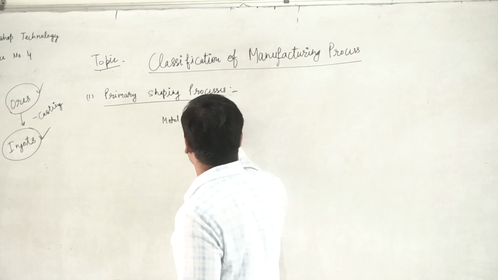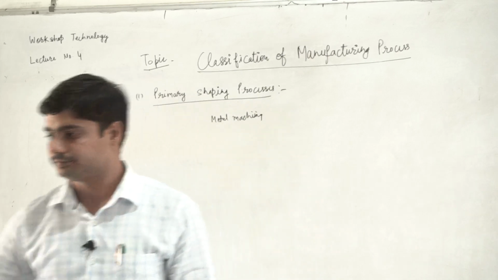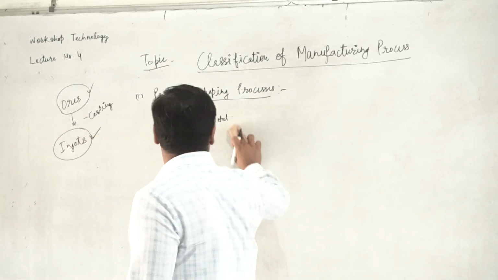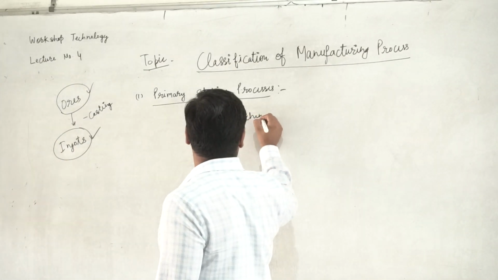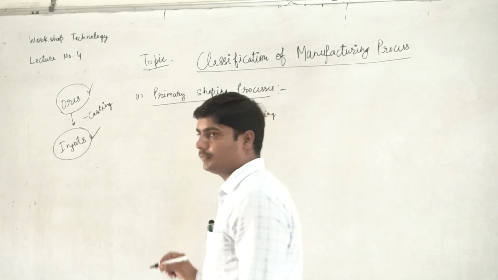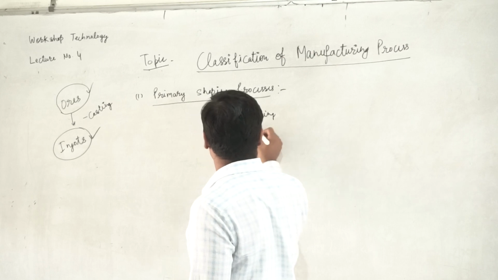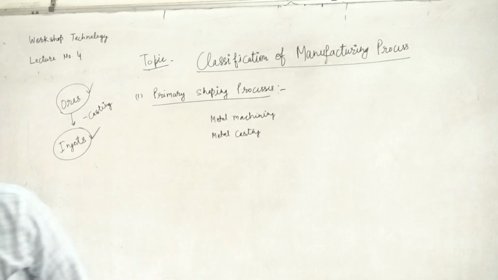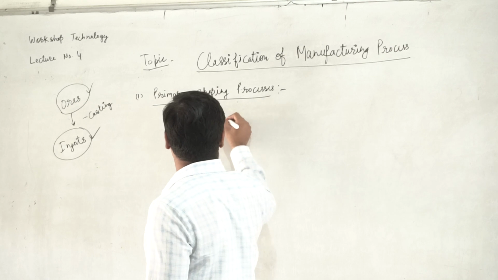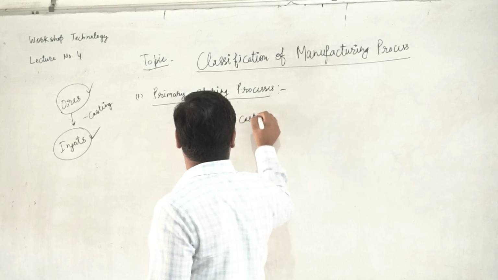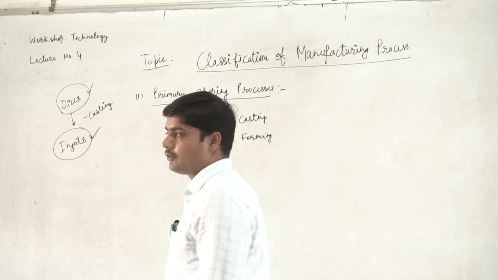So first is primary shaping processes. It is not metal machining, it is only primary shaping: your metal casting and metal forming.